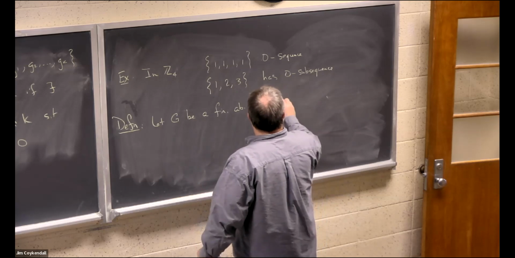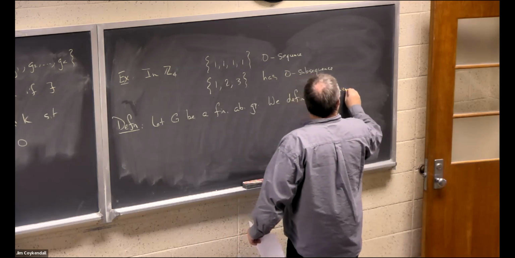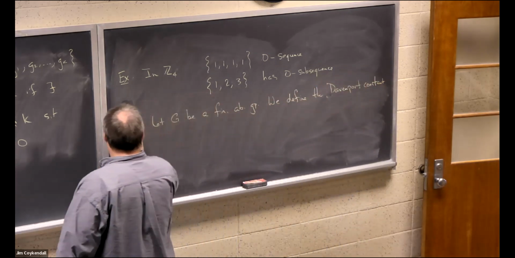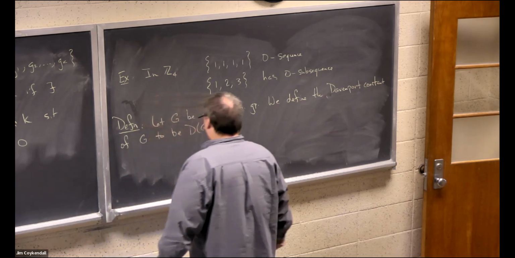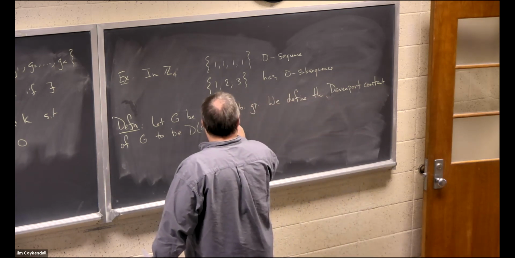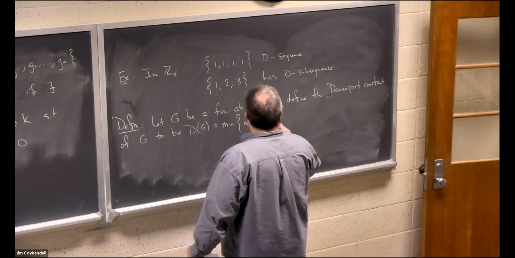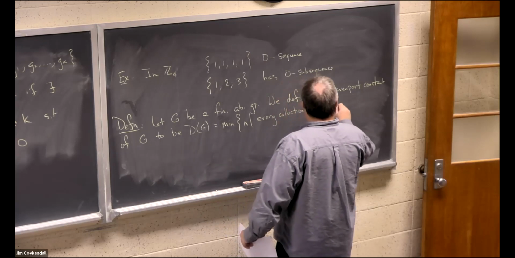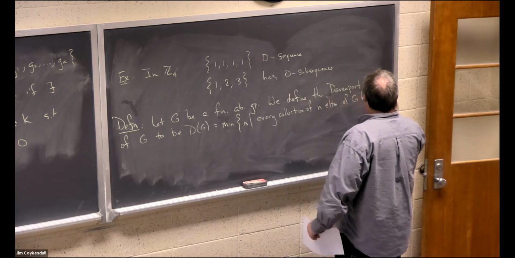We define the Davenport constant of G, denoted D(G), to be the minimum n such that every collection of n elements of G has a zero subsequence.